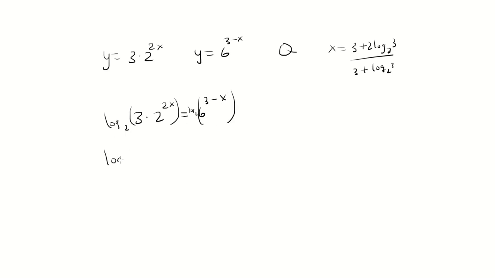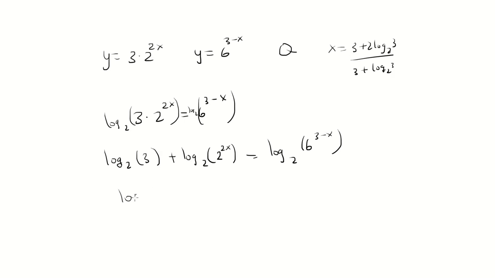And so we have log base 2, and then we're going to use the product rule, which says that whenever you multiply on the inside, you split it up by adding the logs. So it's log base 2 of 3 plus log base 2 of 2 to the 2x equals log base 2 of 6 raised to 3 minus x.